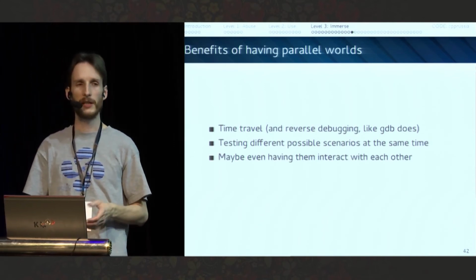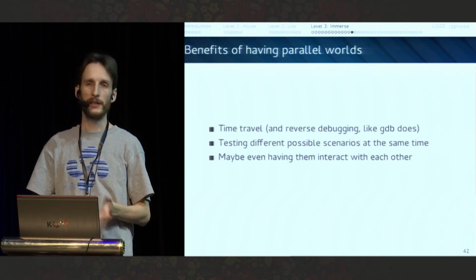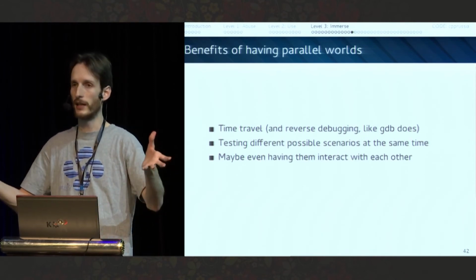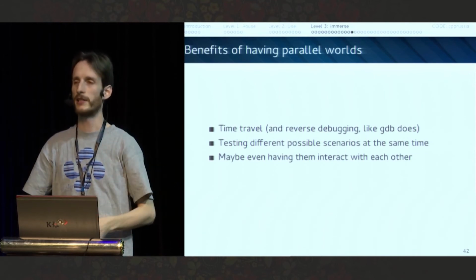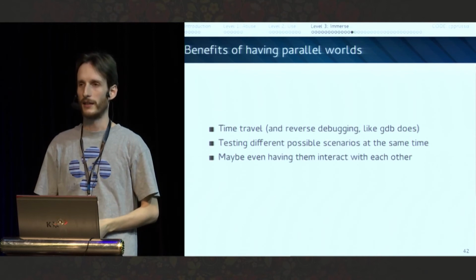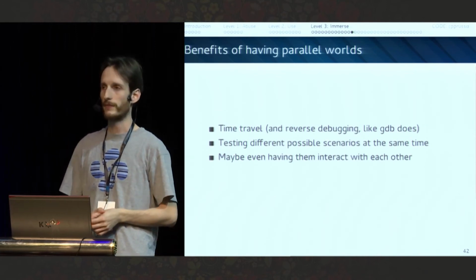And at the same time, you can create multiple worlds where you made multiple choices, so you can test different stuff, different scenarios at the same time, or even somehow merge the results that you got from 1,000 parallel worlds into one. So sometimes creating copies is actually useful.